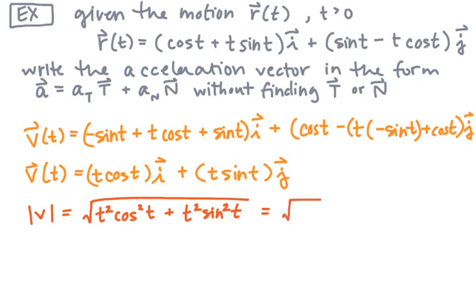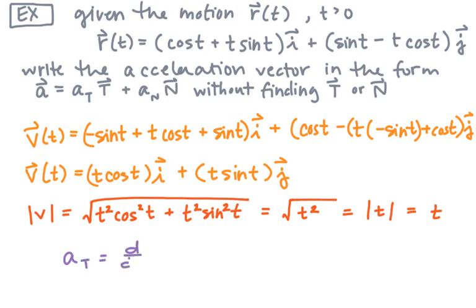So I've got the square root of t squared times 1, which gives me the absolute value of t. And since we know t is greater than 0 because it was specified, we'll just say that the magnitude of the velocity is t.